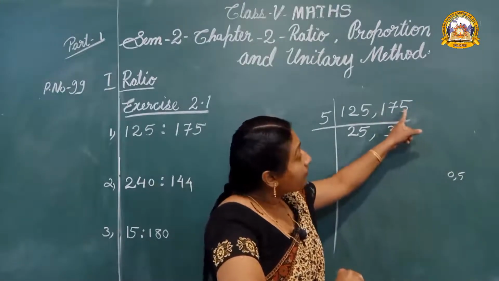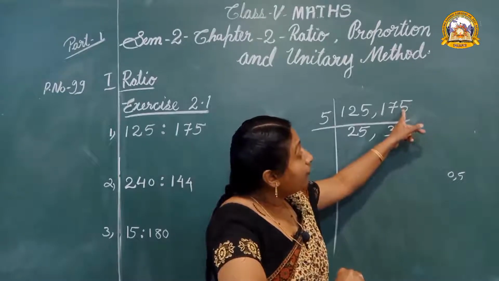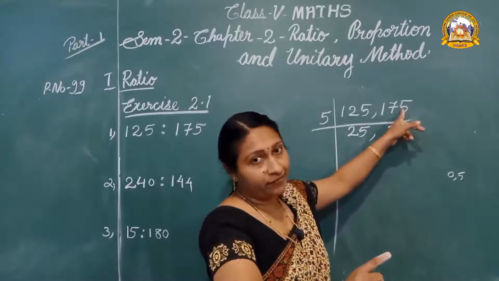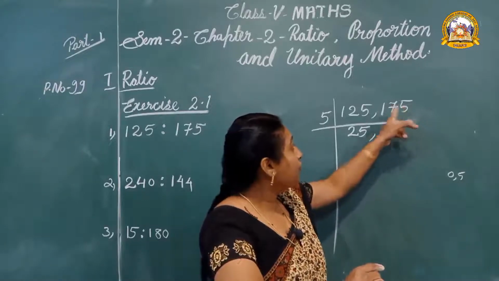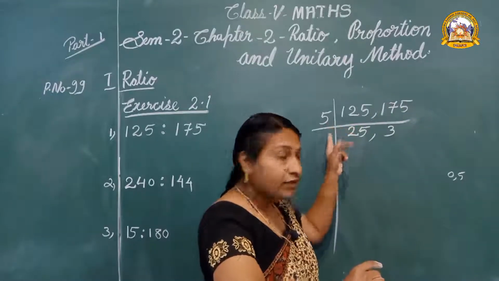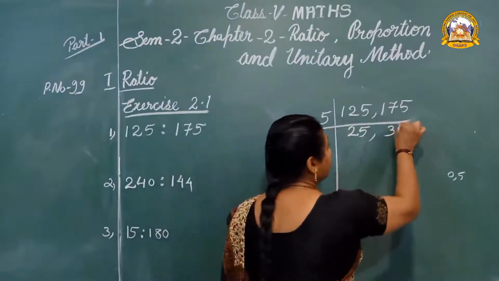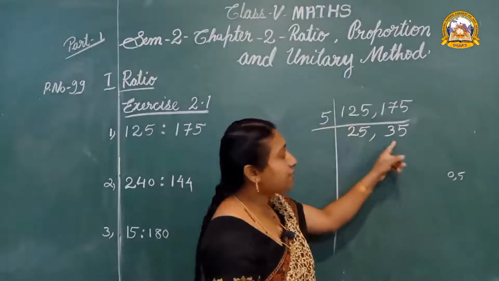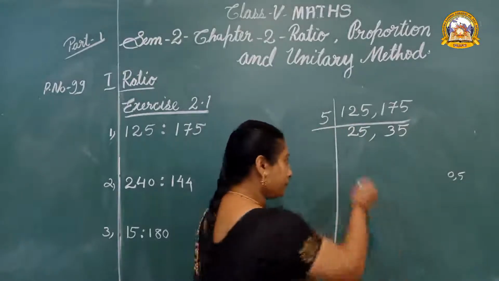Let us put that 2 before 5. So 25. In 25, how many 5s are there? 5 5s are 25. So 175 divided by 5 is 35.